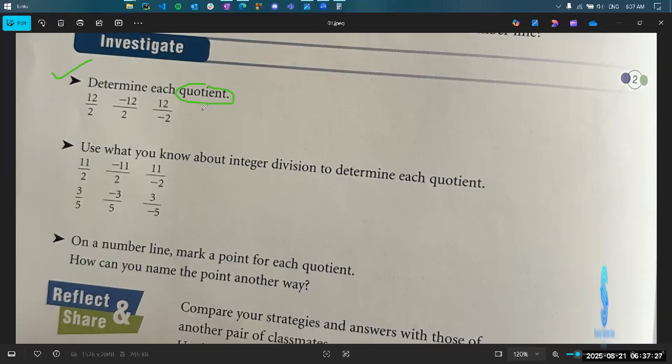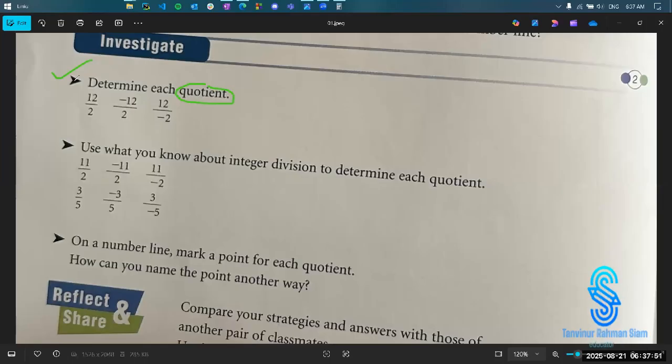Quotient is the answer you get after dividing. Yes. So the thing which we divide, after that we get some answer. That answer is nothing but the quotient. The result is known as quotient, right?